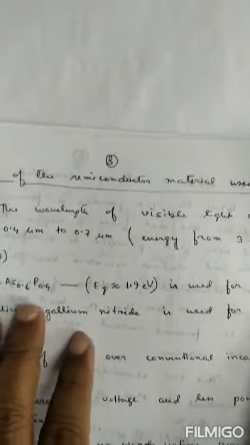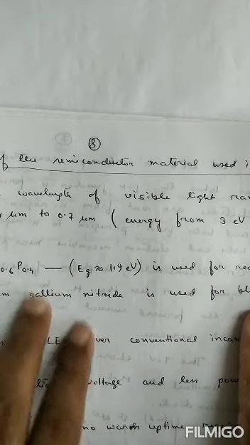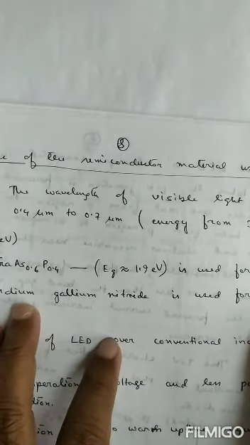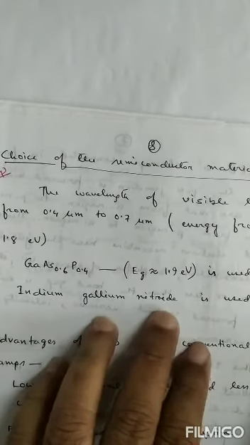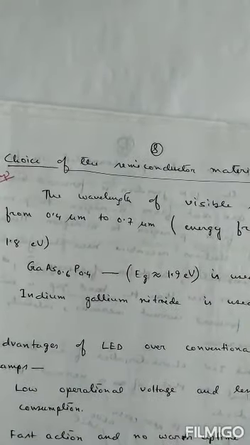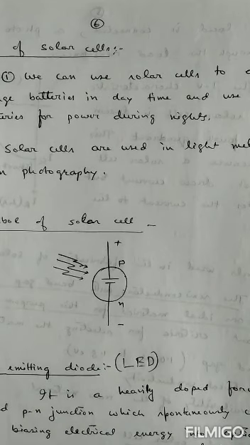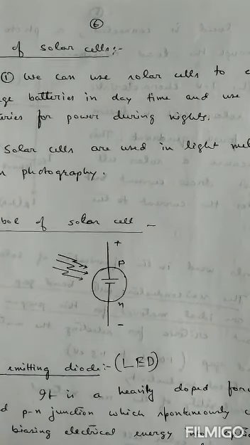So for a red LED, it is gallium arsenide phosphide, and for a blue LED, it is indium gallium nitride. Okay? So an LED is always connected in forward bias condition. If we connect an LED in reverse bias, the LED gets damaged. Okay?